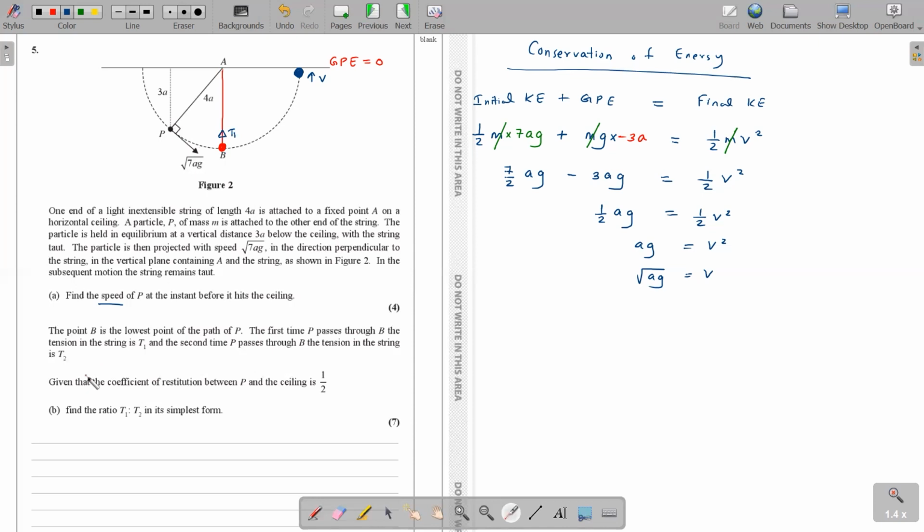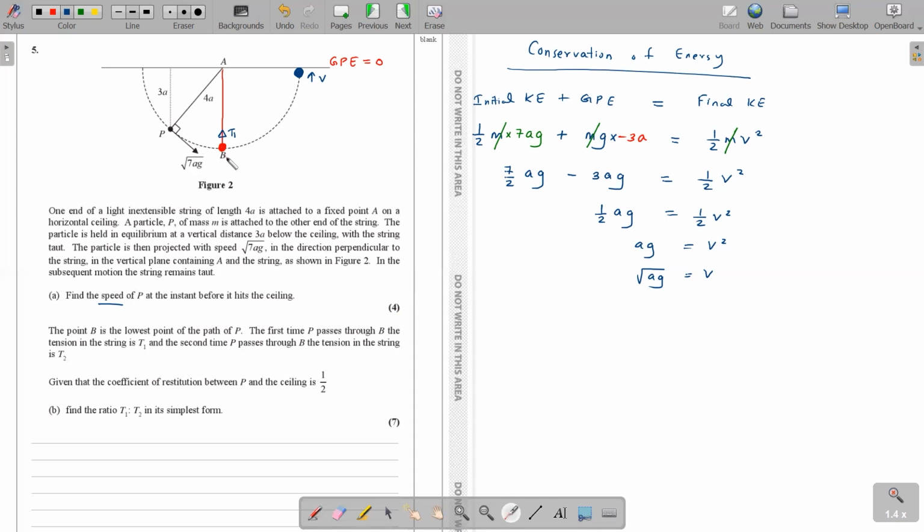Now, normally we know in circular motion, when we go the full round, we always have the same tension at the same point. But now they say when you first pass point B, and when you again pass, meaning after you go up and come down again, the second time you pass point B, there's another tension. So what is the primary reason for that? The speed, yeah, the speed has a role here.